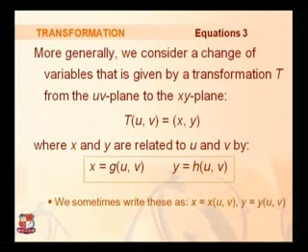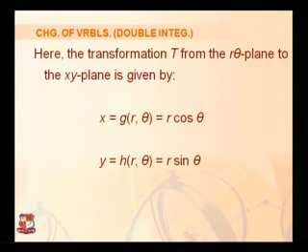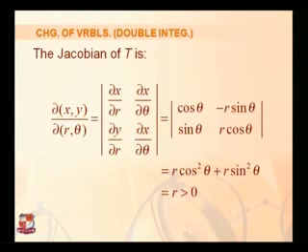We can also change a variable from xy to uv. So let us see how a change of variable affects a double integration. Here x is equal to r cos theta and y is equal to r sin theta.